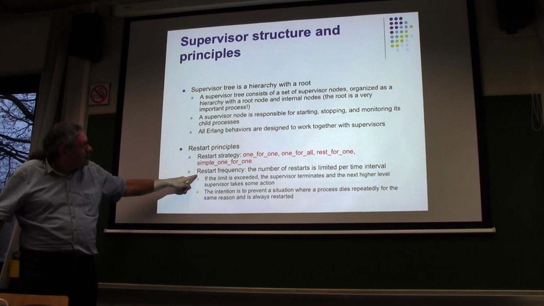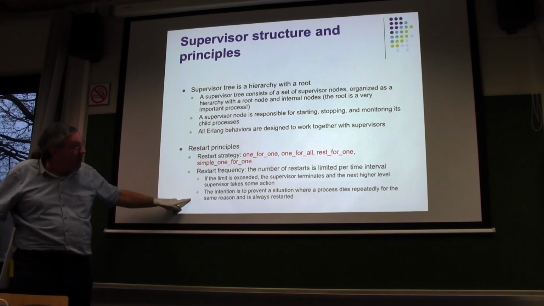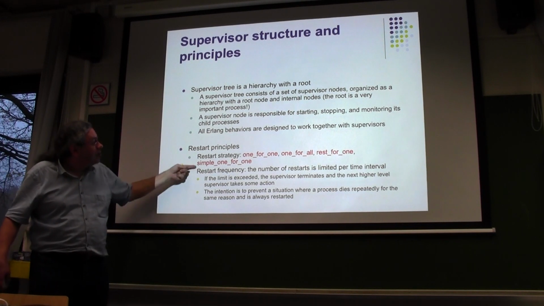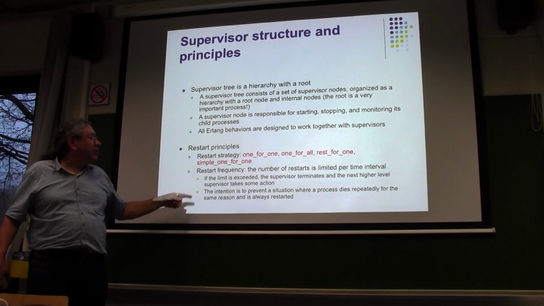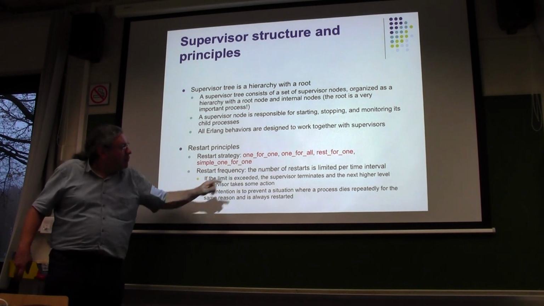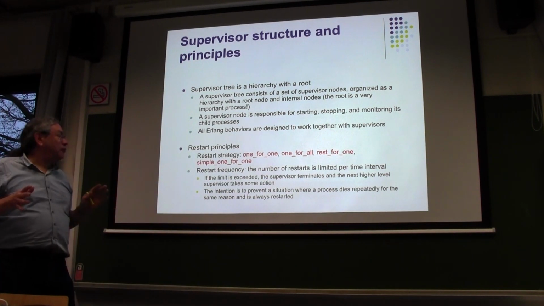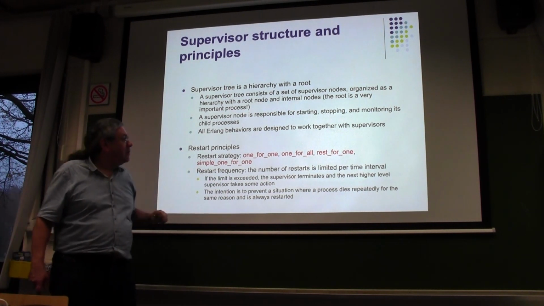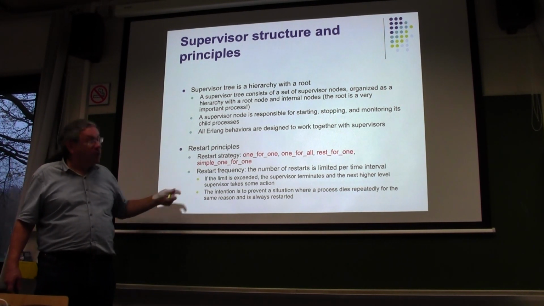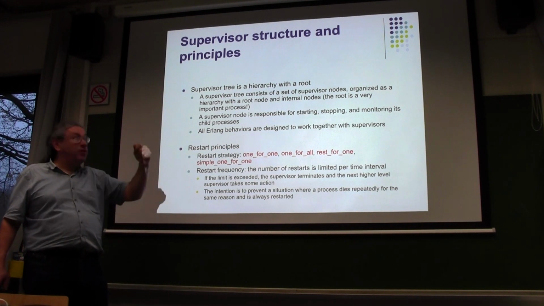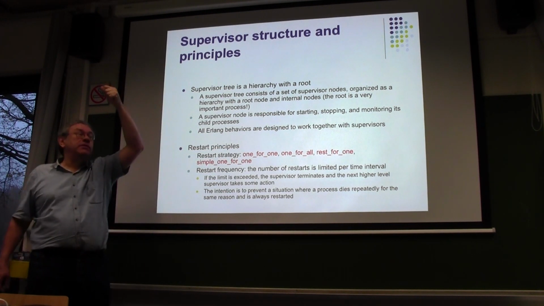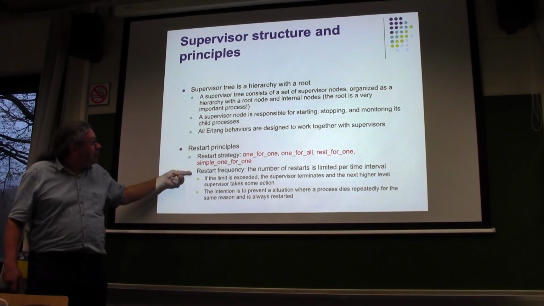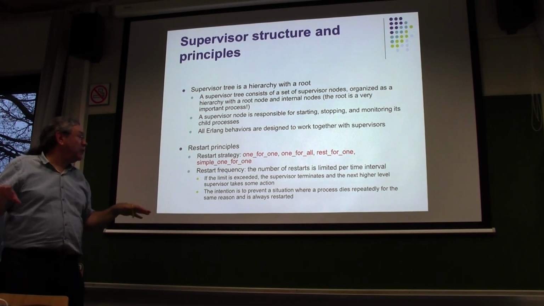But you have to carefully design it. You don't want to restart forever. The number of restarts is limited, so you don't restart too fast. And if the limit is exceeded, then the supervisor will terminate, and there's a higher level supervisor that says, ooh, it's another problem, okay? So the basic retry strategy is only the first level.